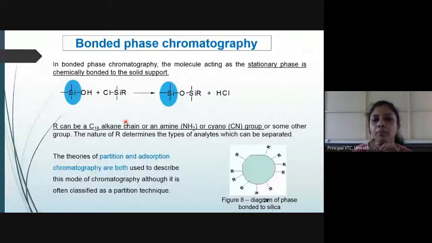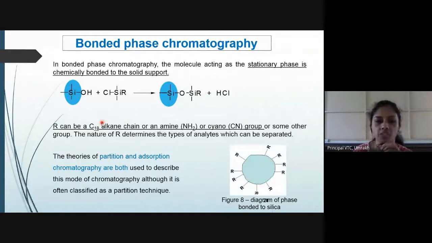Like in reverse phase, the R group can be a C18 alkane chain or even a C8 column, or we can bind it with an amine or cyano group also. Some other groups will be used also, depending on which kind of analytes we need to separate. For different kinds of analytes, we can use different kinds of bonded phase.